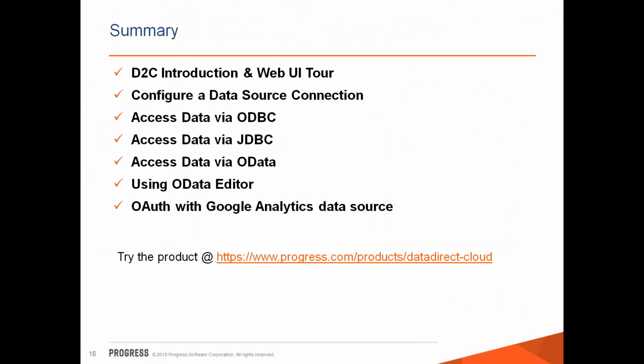I also showed the OData editor that aids you in building the OData schema map easily in an interactive way using the GUI tool within the web. And we have seen how easily we can connect to a Google Analytics data source from DataDirect Cloud Web. And this is a URL you can try, progress.com products DataDirect Cloud.